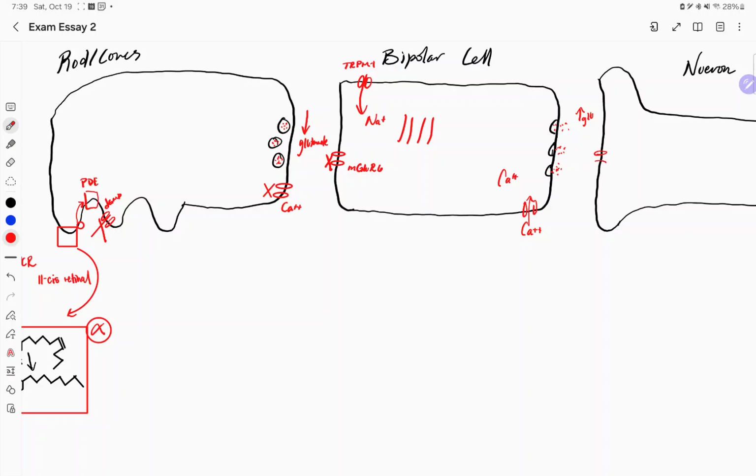that glutamate is going to bind to the AMPA channels, or AMPA receptors on the neuron, which are going to open them, allowing sodium into the neuron.